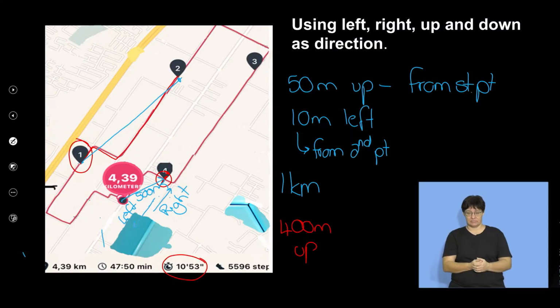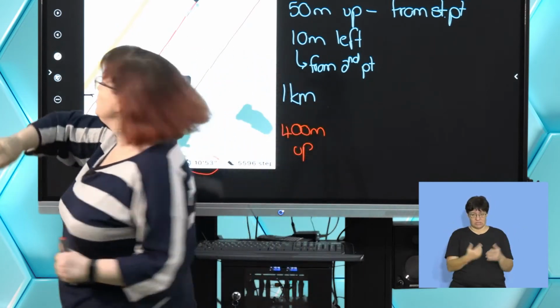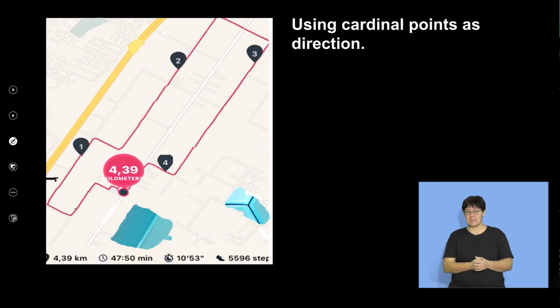With this one, describing this as left, right, up, down feels a little clumsy, okay, because we're doing lots of turns. What we could do instead is use the cardinal points. In other words, north, south, east, and west.